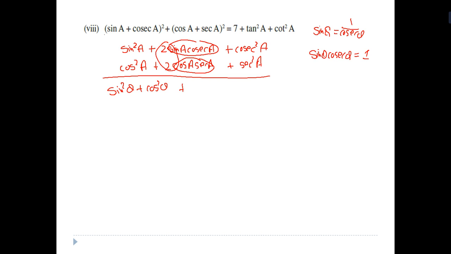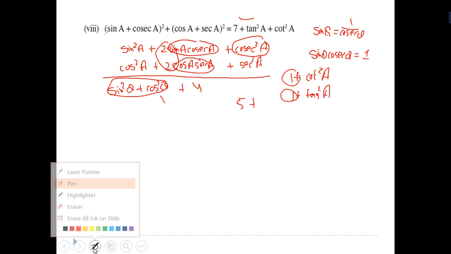So 2 plus 2 is 4, and here it is 1, so we get 5. Now instead of cosec square A I can write 1 plus cot square A, and instead of sec square A I can write 1 plus tan square A. So 5, 6 and 7, so that we get 7.